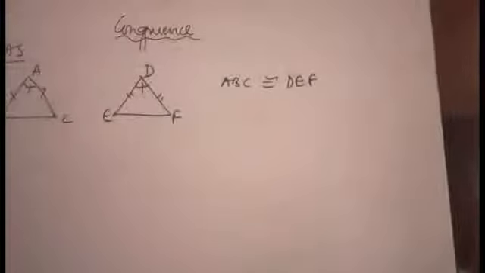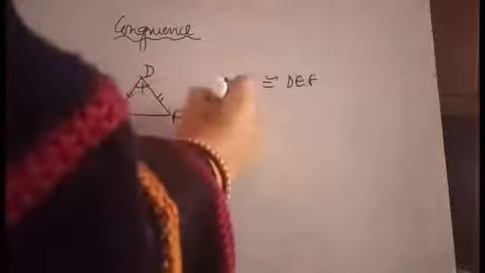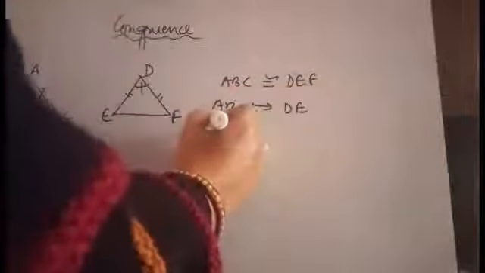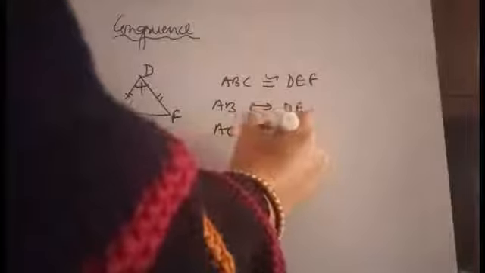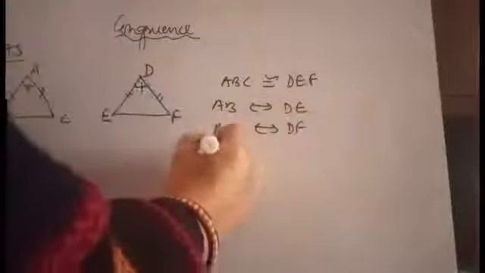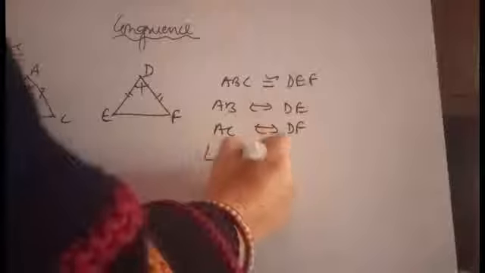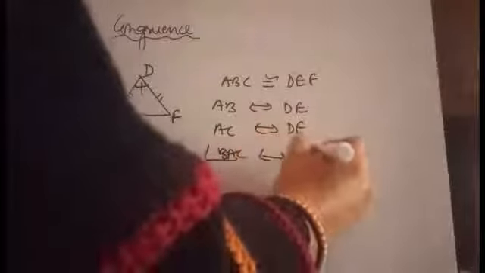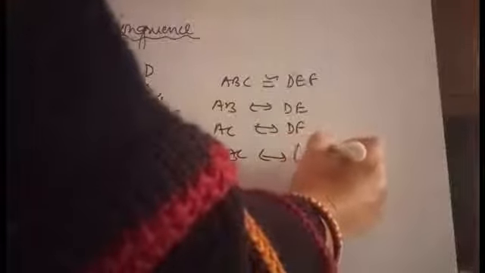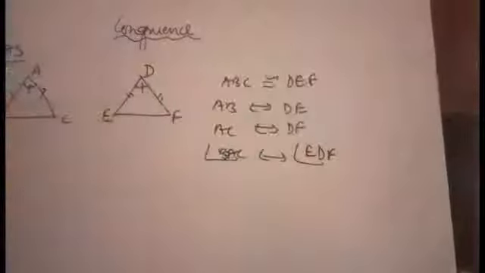Now writing the corresponding parts. AB corresponds to DE, AC corresponds to DF, and angle BAC corresponds to angle EDF. This is how we write the correspondence.